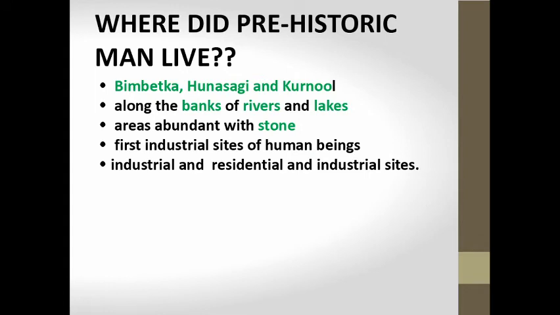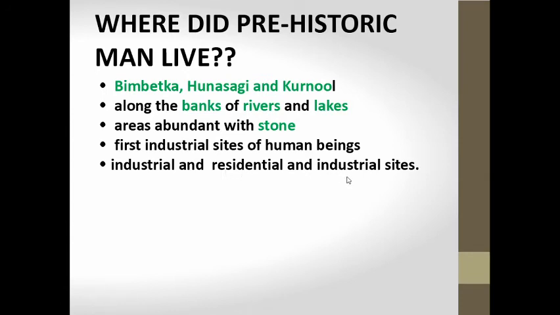So they stayed close to the areas with a large number of tools. This is where they started making stone tools. It is called the first industrial site of human beings. And sometimes they stayed in a place where stones were available, and that is called a residential and industrial site.